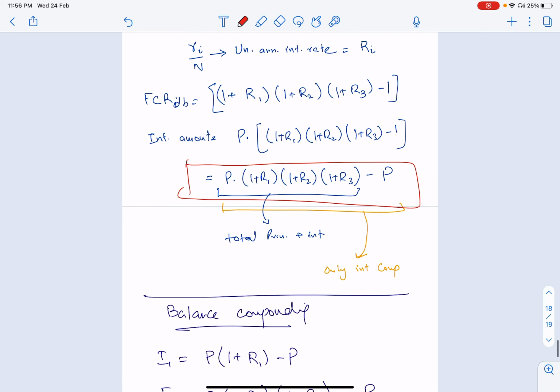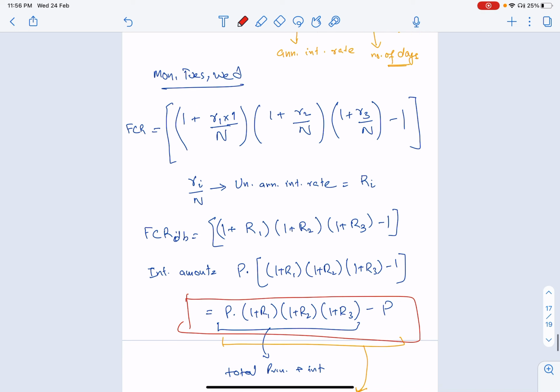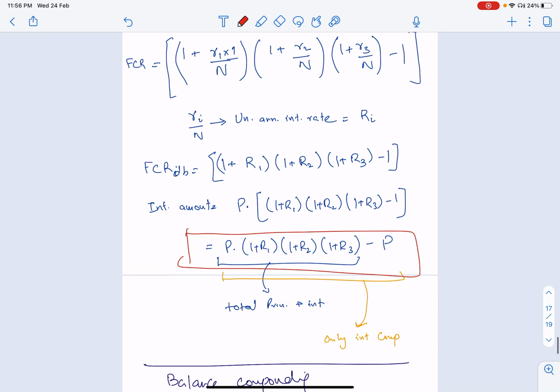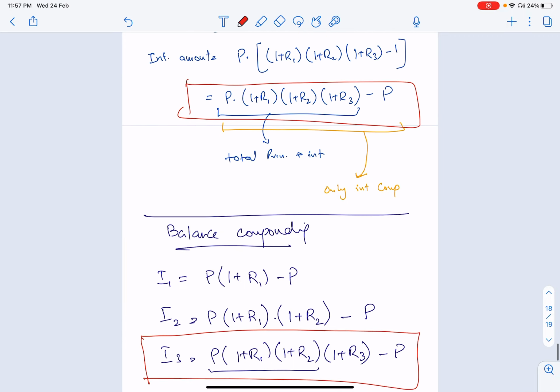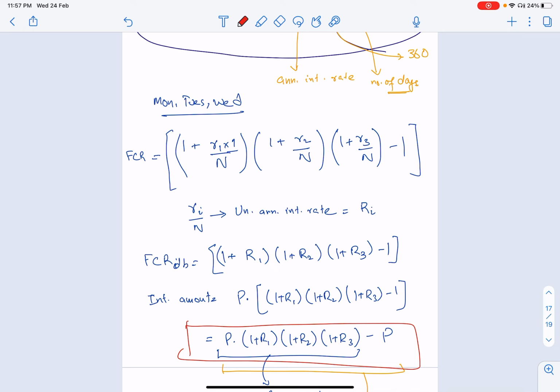So guys, this is the balance compounding versus the rate compounding, which is quite a lengthy topic of discussion. But I think, as you can see, it is a pretty straightforward, really simple thing with simple maths. I don't see any differences between the two.